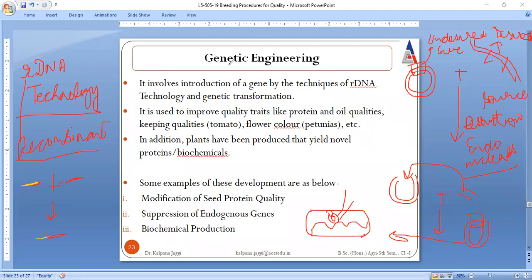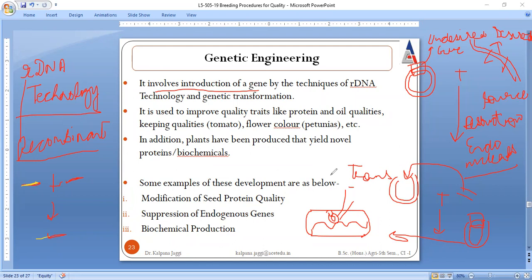So what is genetic engineering? Genetic engineering involves the introduction of a gene by the technique of recombinant DNA technology and genetic transformation. Here one term, transformation, is to be used.